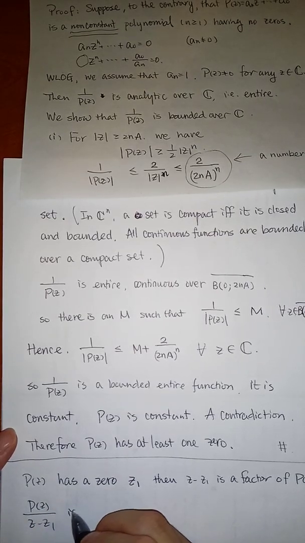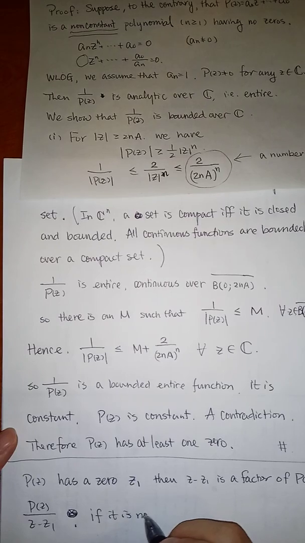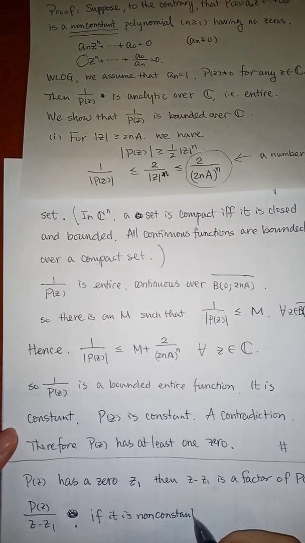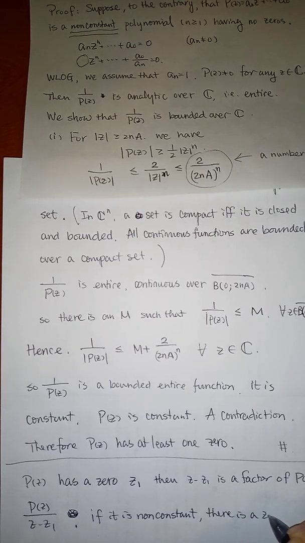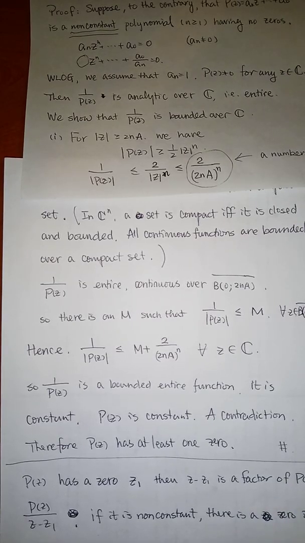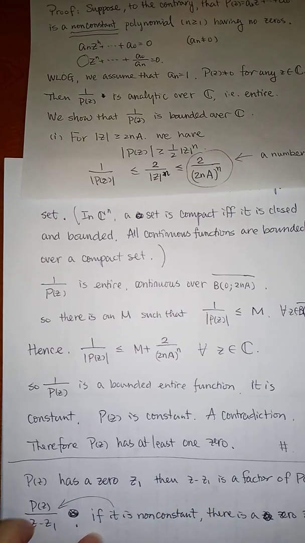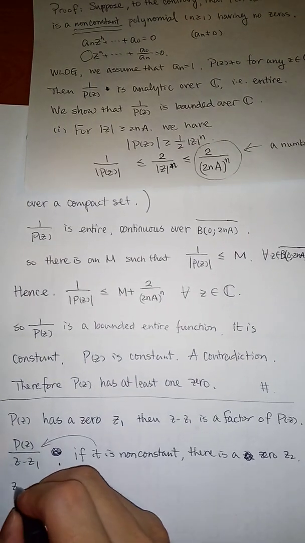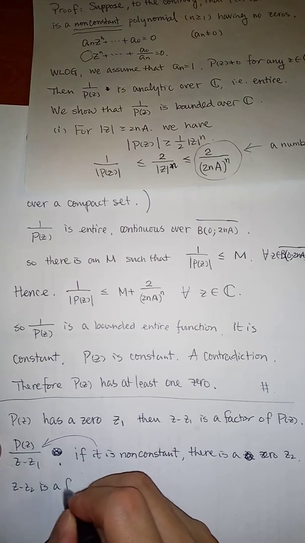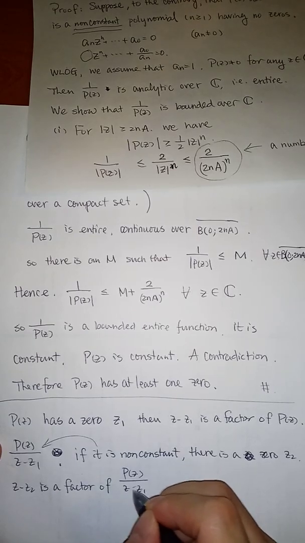If it is non-constant, then there is a zero z2, by the same fundamental theorem of algebra. Then z minus z2 is a factor of p of z over z minus z1.